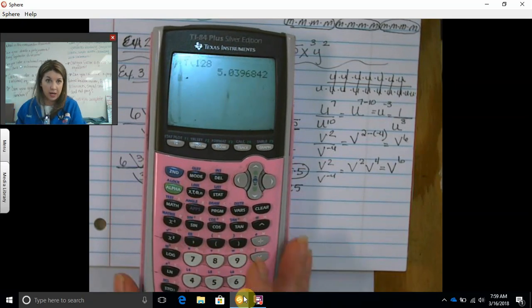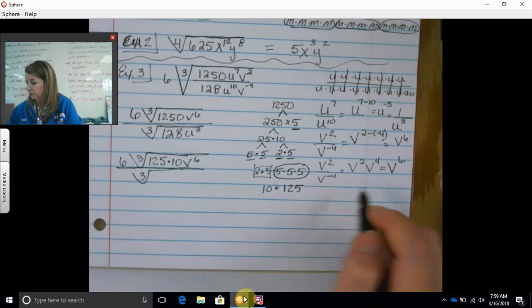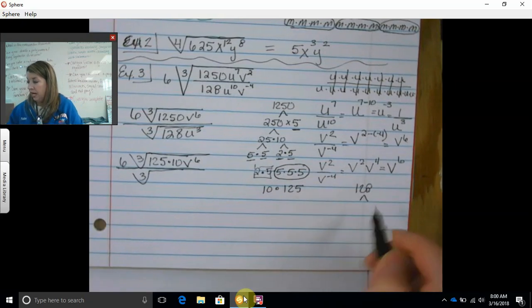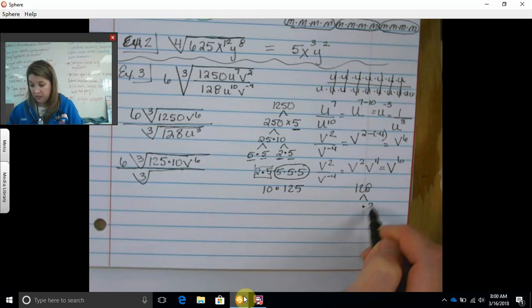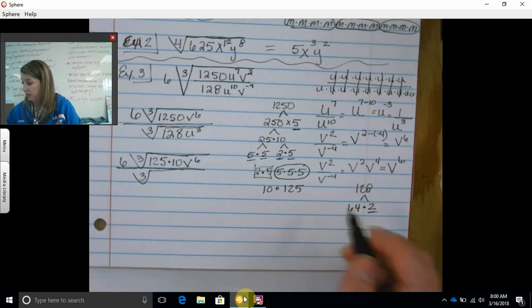Okay, well, so we'll have to do another factor tree. No problem. I know 128 is even, so I know it is divisible by 2. And 2 times 64 is 128. 64 is also divisible by 2, but I know it's also 8 times 8, so I'll use that because I'll break it down quicker.